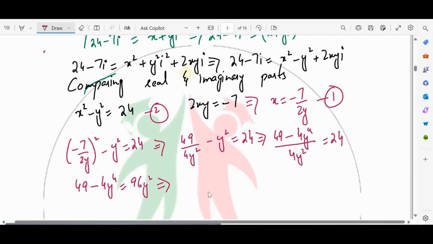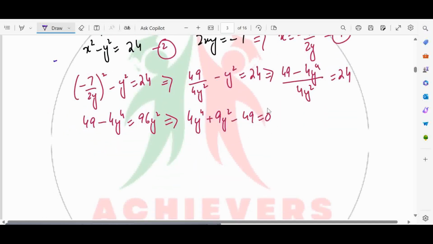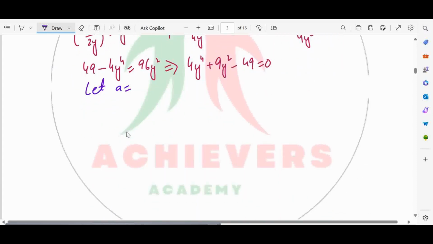Now if we rearrange it, this will be 4y^4 plus 96 y square minus 49 is equal to 0. Now from here we can find the values of x and y. Let a be equal to y square, so a square will be y^4. So this will be 4a square plus 96a minus 49 is equal to 0.